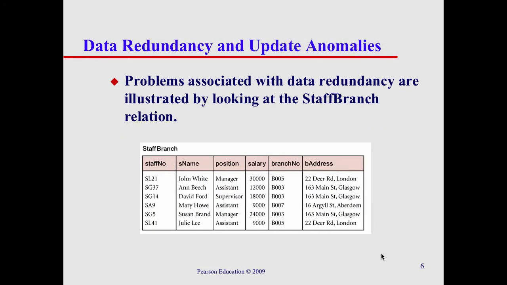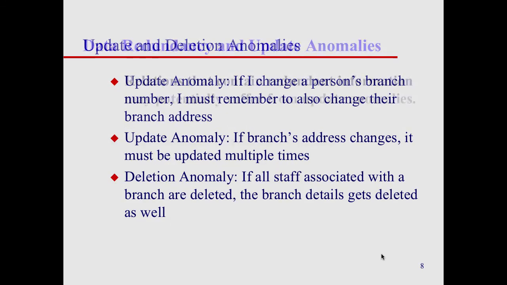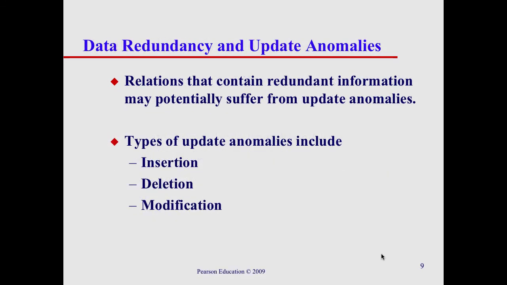And we went and looked at the kinds of anomalies that we can have in a relation. There were three types: insert, delete, and modification anomalies. So insert refers to the inability to insert an entity into our database.